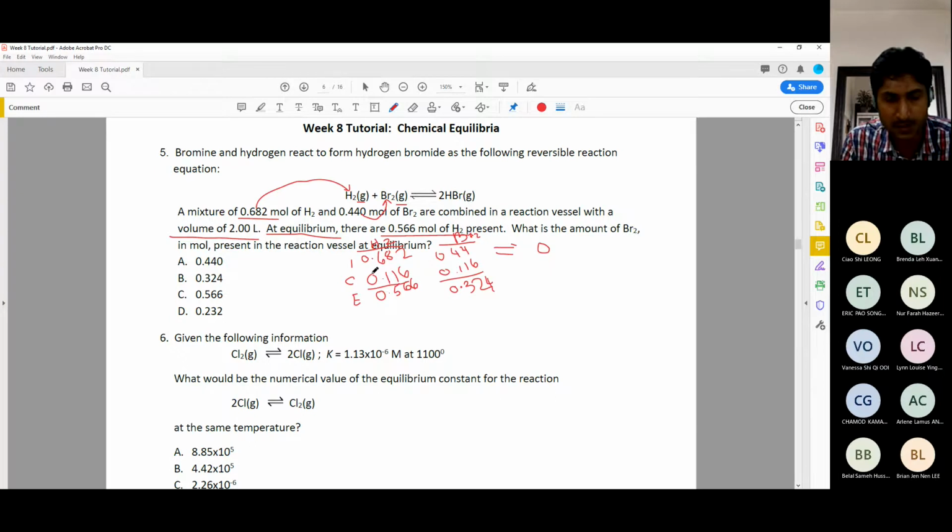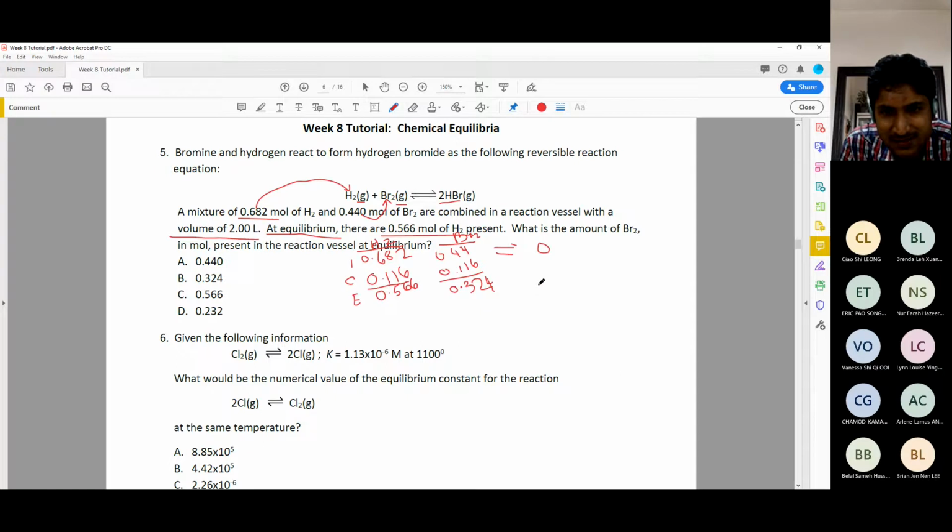The number of moles remaining here. Now at equilibrium, we come to hydrogen bromide. At the beginning, when I mix hydrogen and bromine, there was nothing, no hydrogen bromide produced, so it was 0.